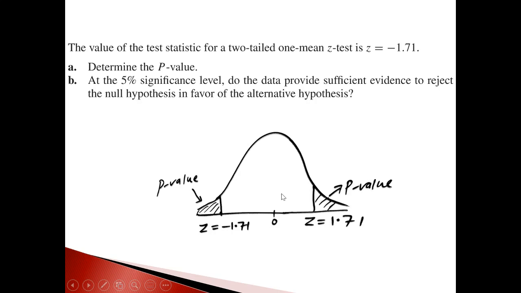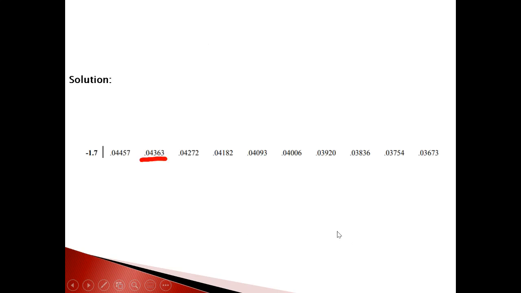Remember, here we are talking about a two-tail test, so if one z-value is negative 1.71, the other one is 1.71. So first find the area for negative 1.71 using the standard normal table. This is negative 1.70, this is negative 1.71. So that's the area to the left.